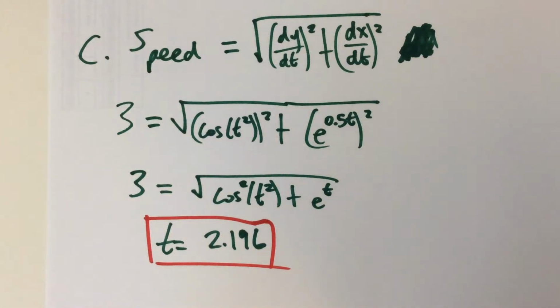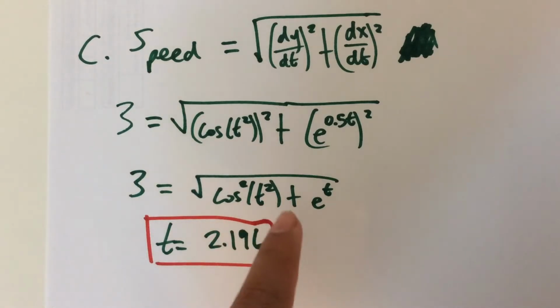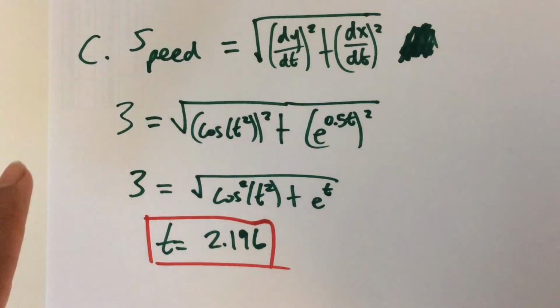It was asking at what time the speed is equal to 3, so we can set speed equal to 3. After simplifying, we get the square root of cosine squared t squared plus e to the t is equal to 3. Then if you use your solve function on your calculator, you will get that t is equal to 2.196.